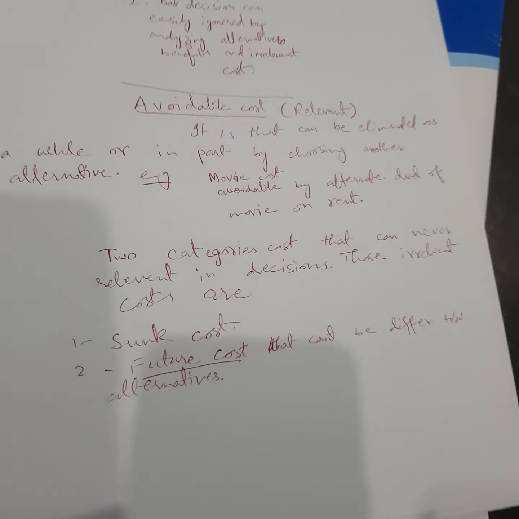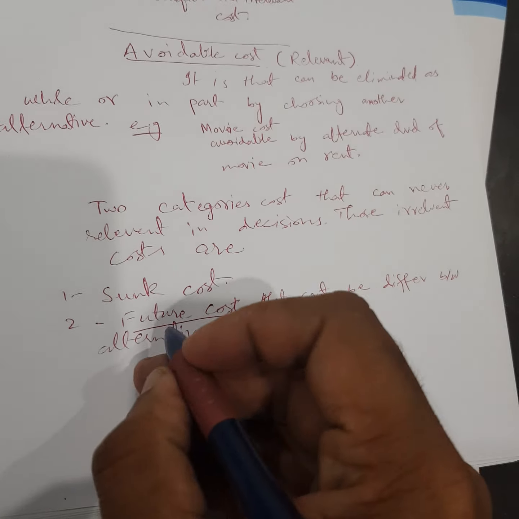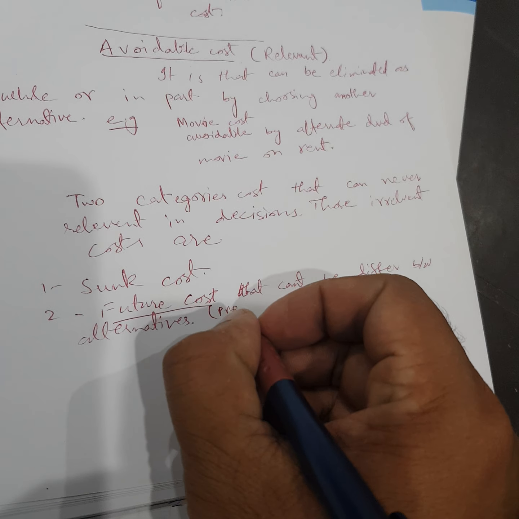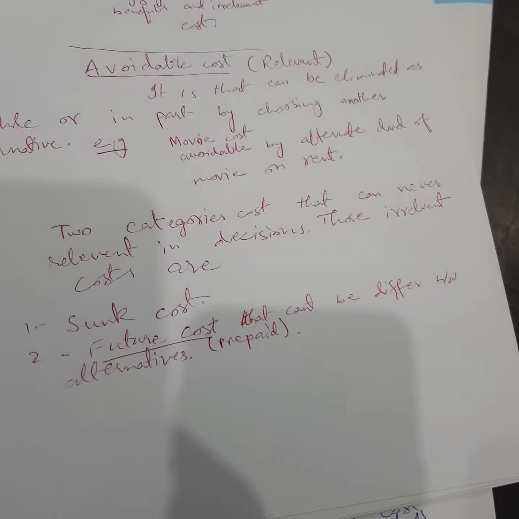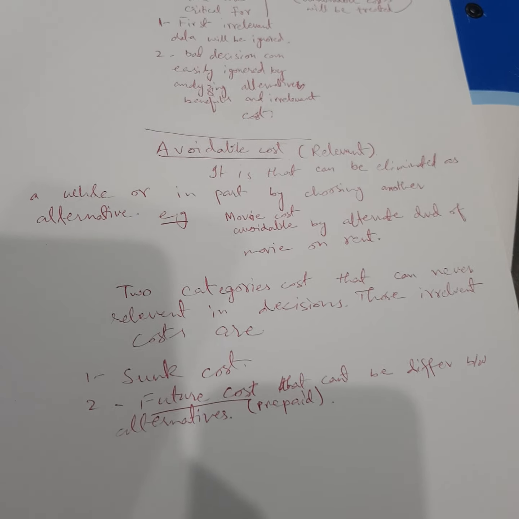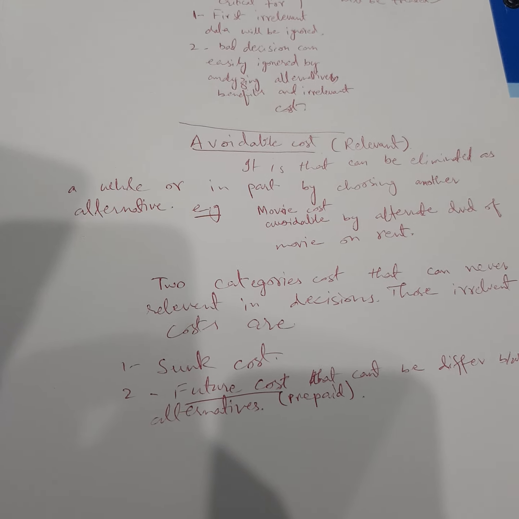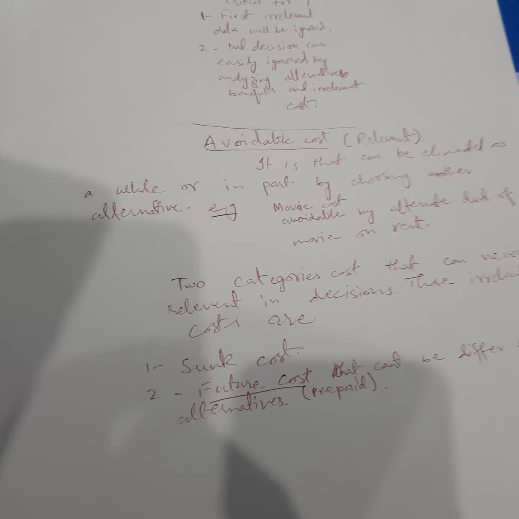We cannot avoid those costs because we already prepaid them. So these two types of costs will not relate to the relevant cost. These costs will be called irrelevant costs.